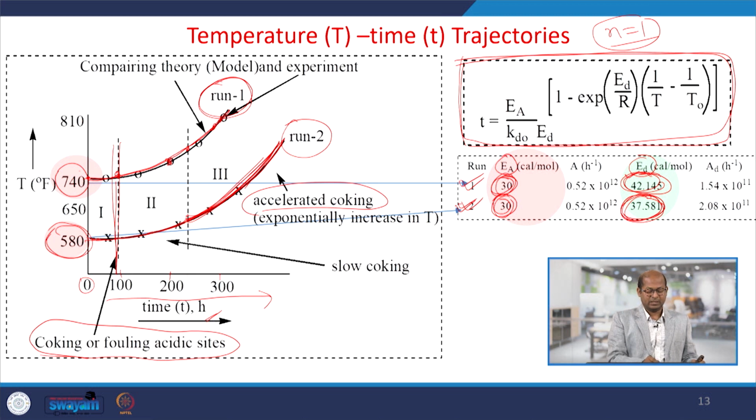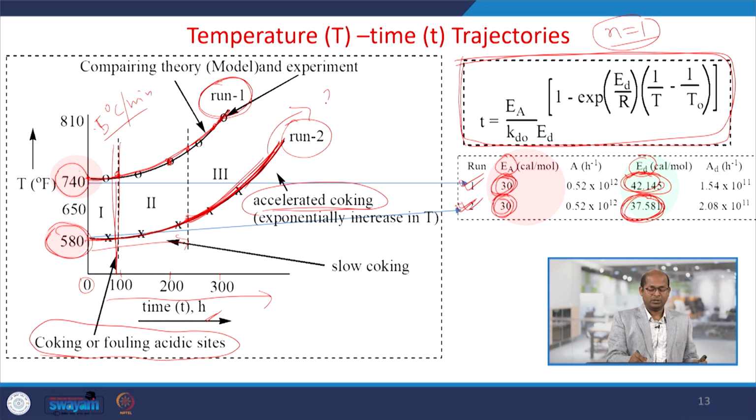But with progress of the reactions, if we go up to this time, then let us say initially we have to increase 5 degrees per minute, but here the catalyst deactivation is very fast, accelerated coking is there.